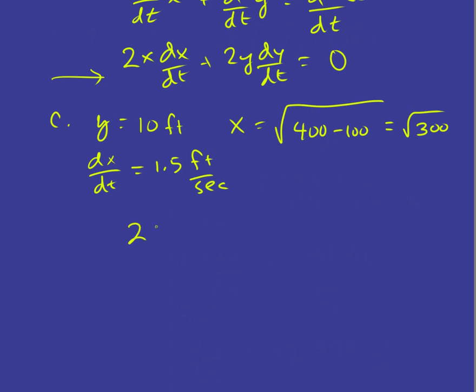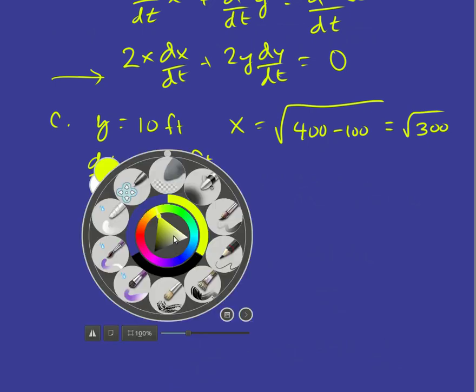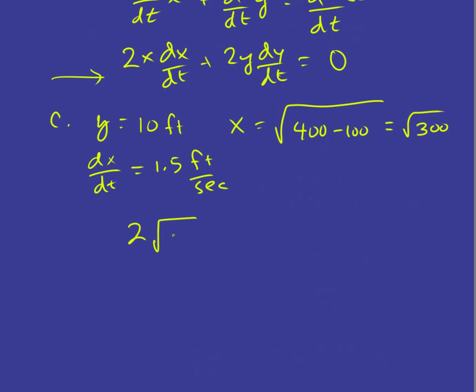So 2 times x, which is the square root of 300, times dx/dt, which is 1.5, plus 2 times 10 times dy/dt, which is the unknown, equals 0.